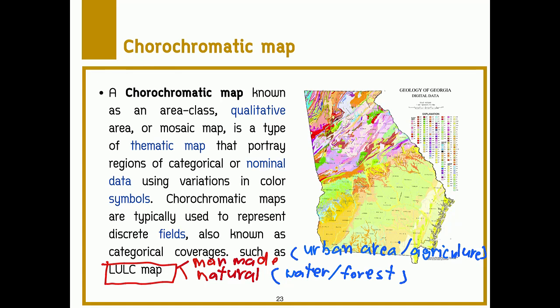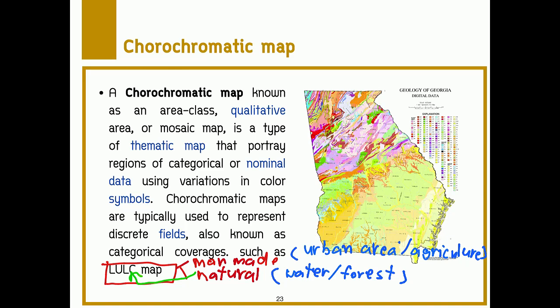So for the water or the forest or the physical phenomena, we already know that they are created by nature, right? This one we call land cover. Land cover means the feature that covers the Earth's surface. But land use means people make or use it.